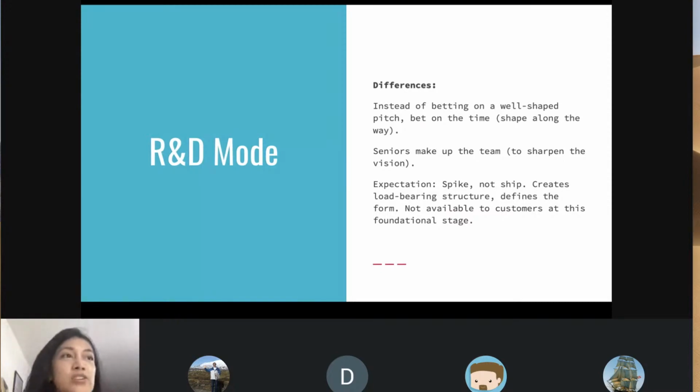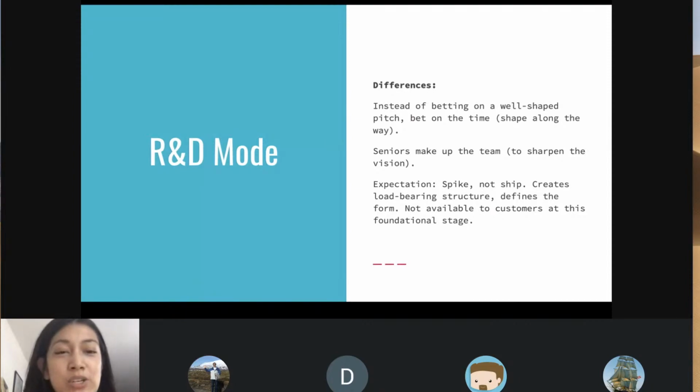Normally, you have your pitches, and all the pitches are on the betting table, and they're well shaped already. The difference in R&D mode is the senior group. If they have ideas, they want to sharpen the vision a little bit.